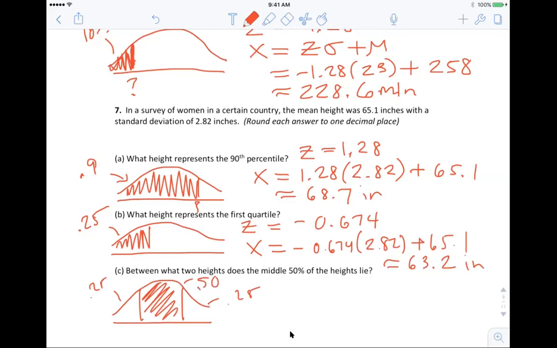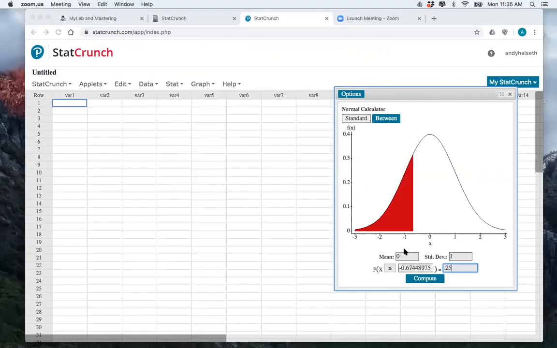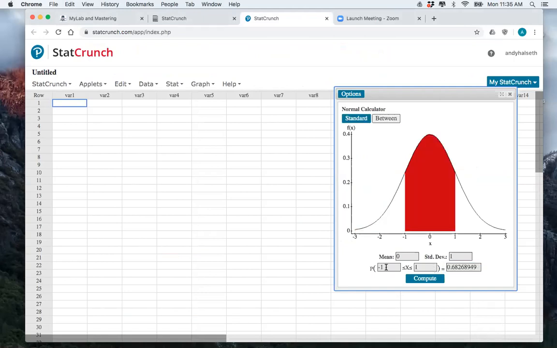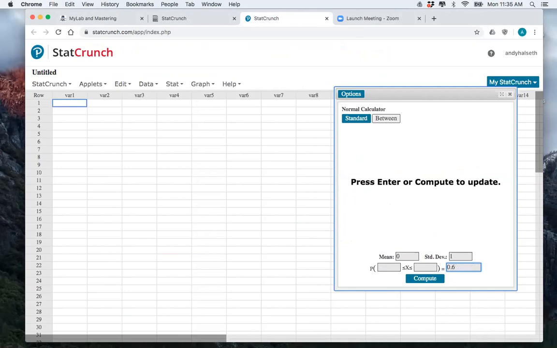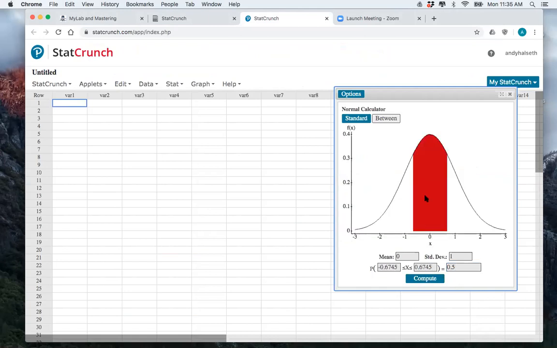So going back to my StatCrunch, and let's put that in. So middle 50, I'm going to hit the between option, and then 0.5, oops, one extra decimal. Right. There's your middle 50%, okay?